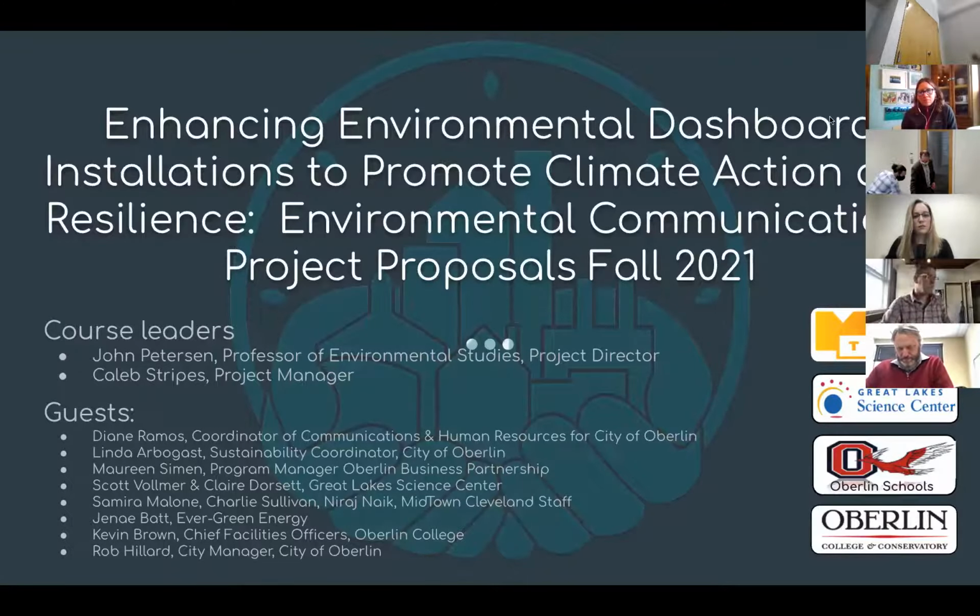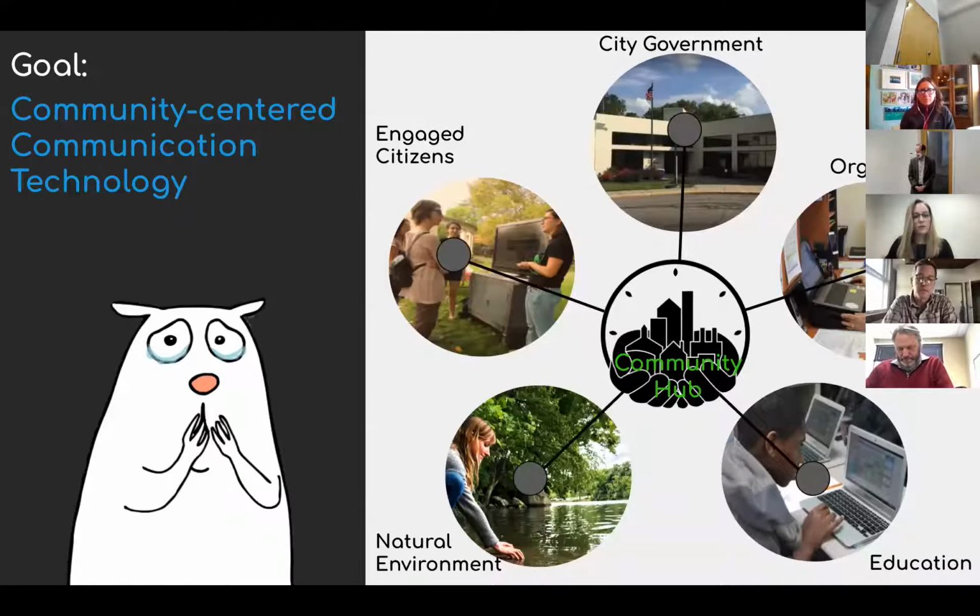All right. So as most of you are quite familiar with, Environmental Dashboard is a communication technology that is focused on communities. It's focused explicitly on engaging, educating, motivating, and empowering communities to be more resilient, more pro-environmental, more pro-community.